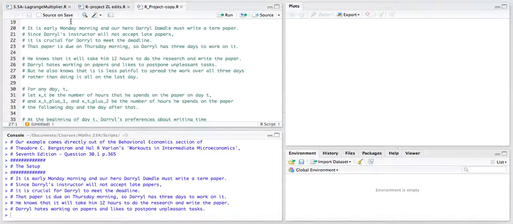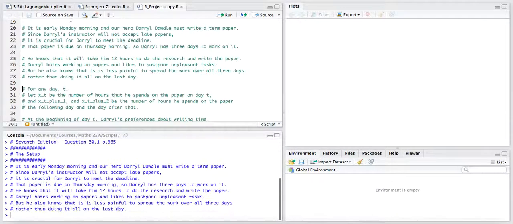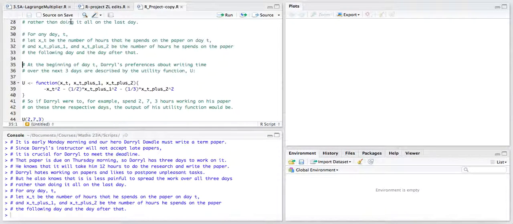So, for any day t, let's denote xt as the number of hours that he spends on the paper on day t, and xt plus 1 and xt plus 2 to be the number of hours he spends on the paper the following day and the day after that. At the beginning of day t, Daryl's preferences about writing time over the next 3 days are described by the utility function u.